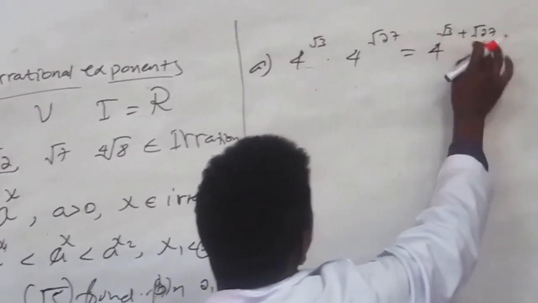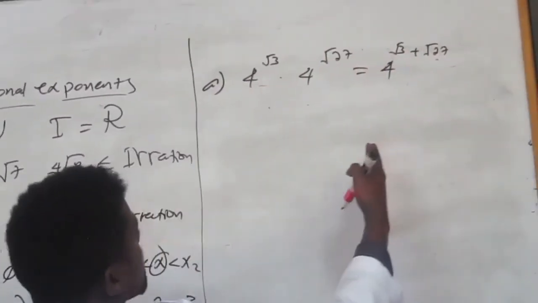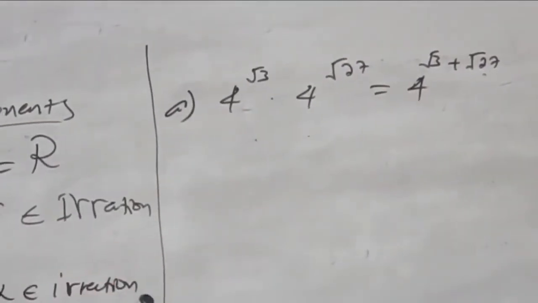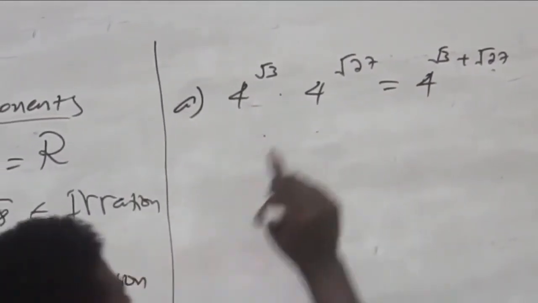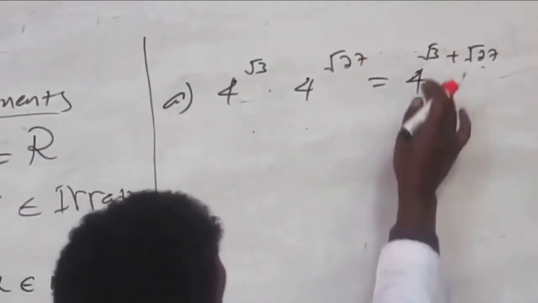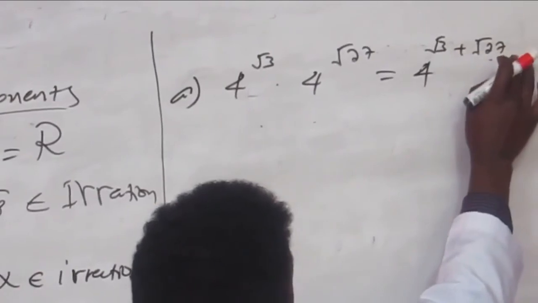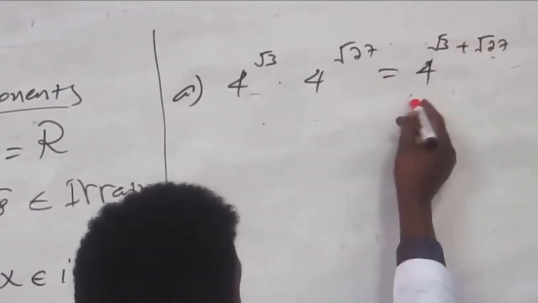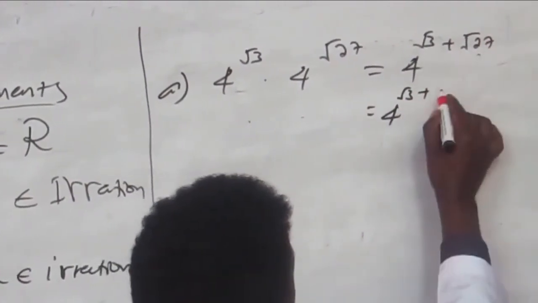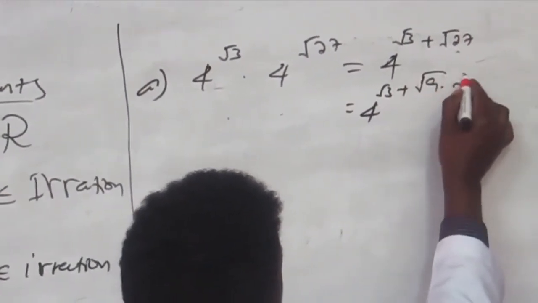These numbers can be added after we change them to like radicals. Don't forget that like radicals can be added or subtracted, but unlike radicals cannot. But we can change the number radical 27 to a like radical. This means 4 to the power of radical 3 plus radical 9 times radical 3.